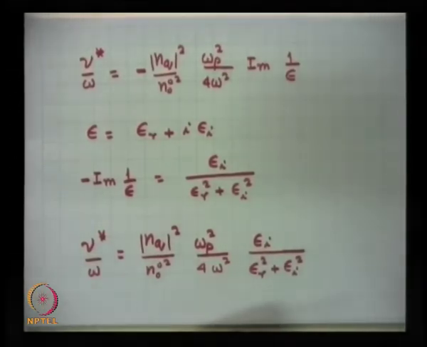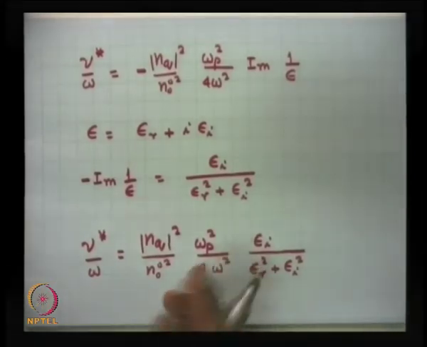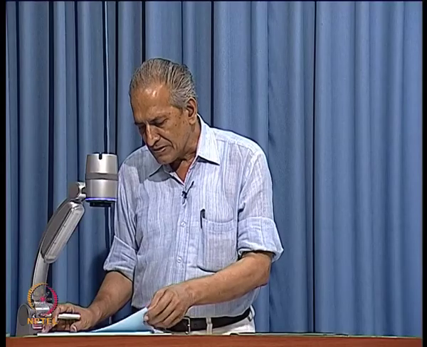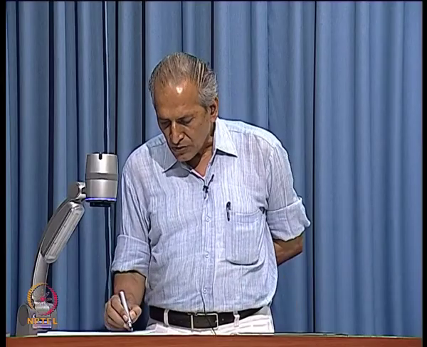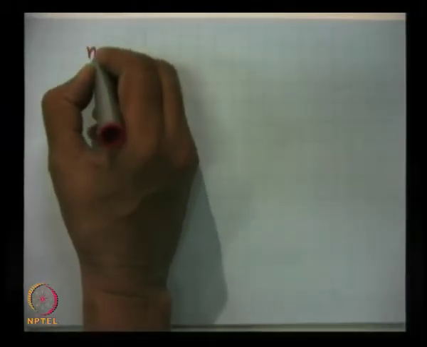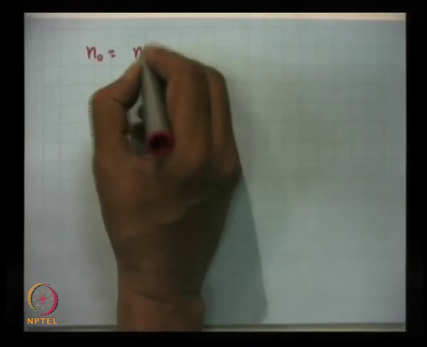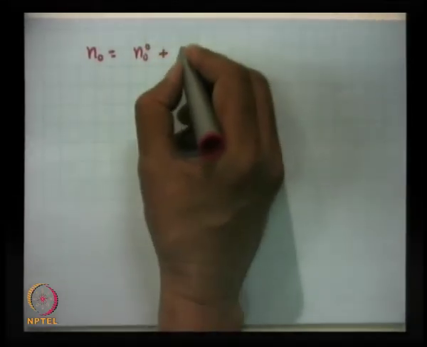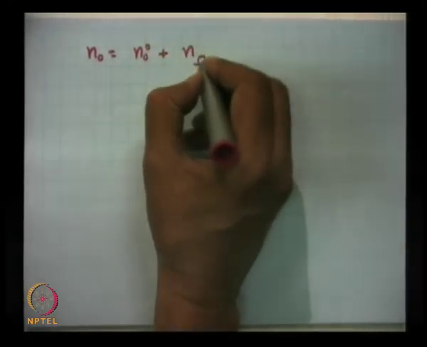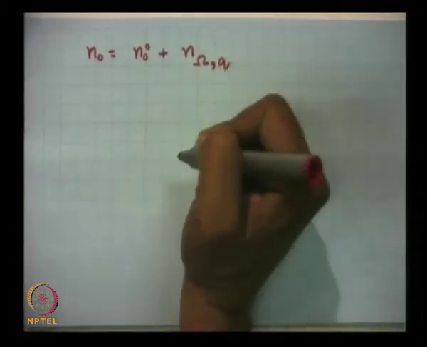Now, a word about how you are going to create these density ripples in the system. These density ripples may not be static in time, they may have a slow variation in time. So, rather than having n0 as n00 plus nq, you may have n at omega frequency and q wave vector.